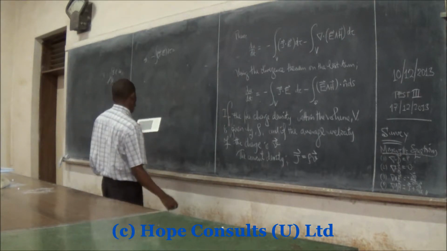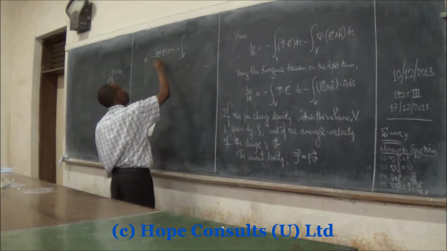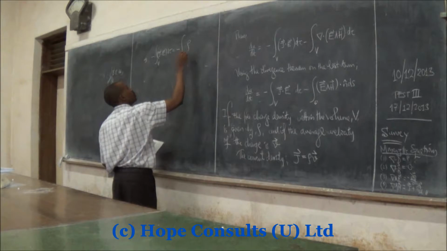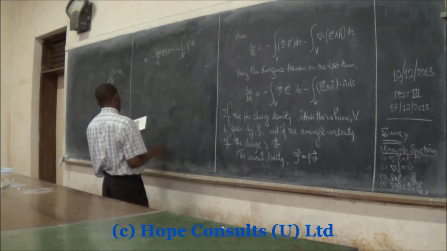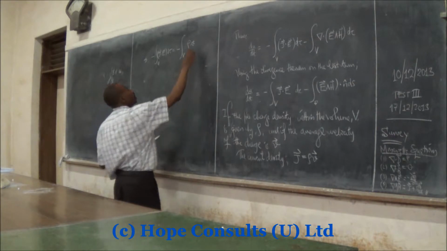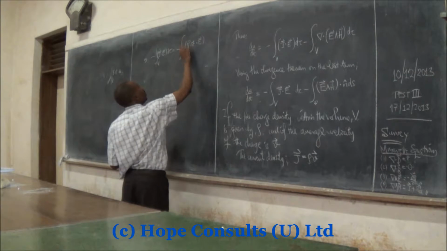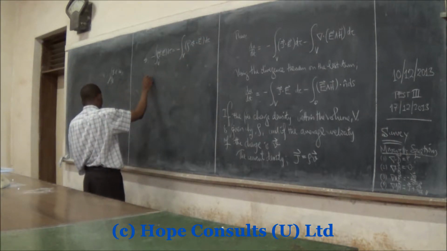And this would be the same as minus integral over the volume V, we put in rho V, where V now is the velocity, and this would be dotted with E, d tau.